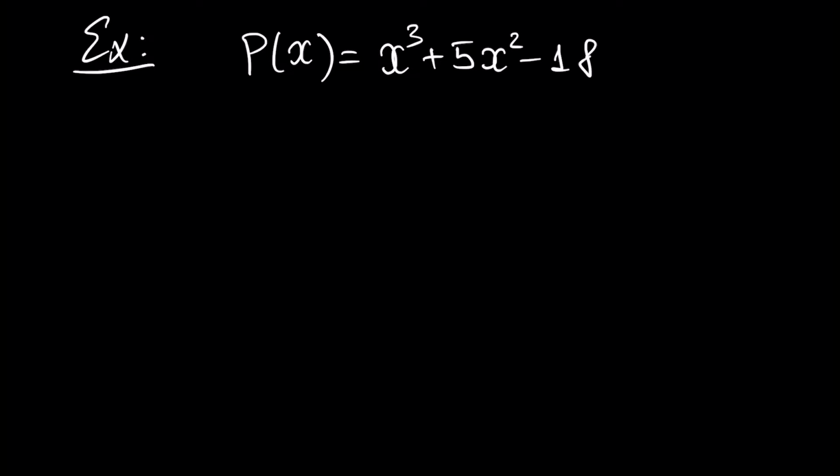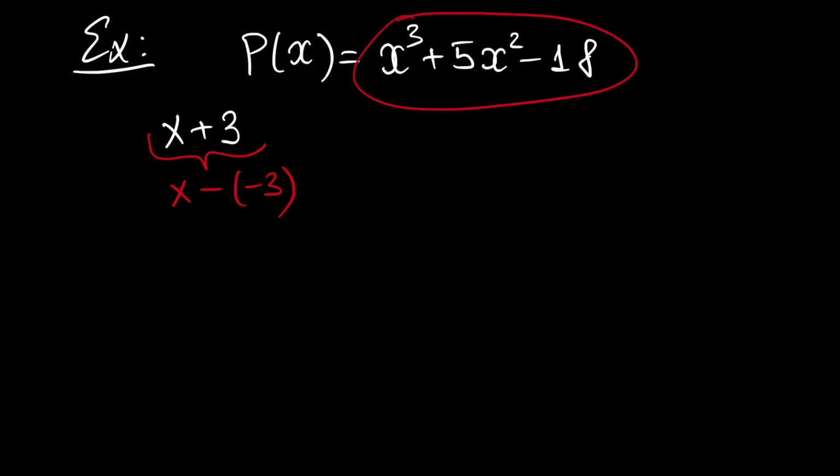This polynomial can be divided by a binomial x plus 3. And this x plus 3 can be written as x minus minus 3. And let's divide our polynomial by this binomial.